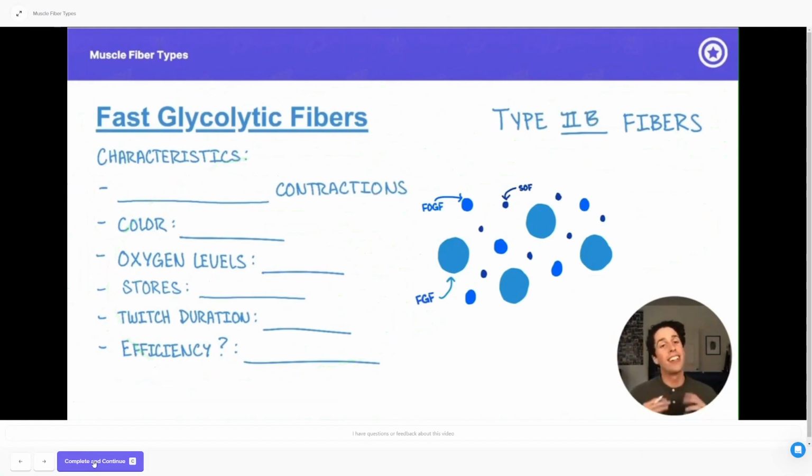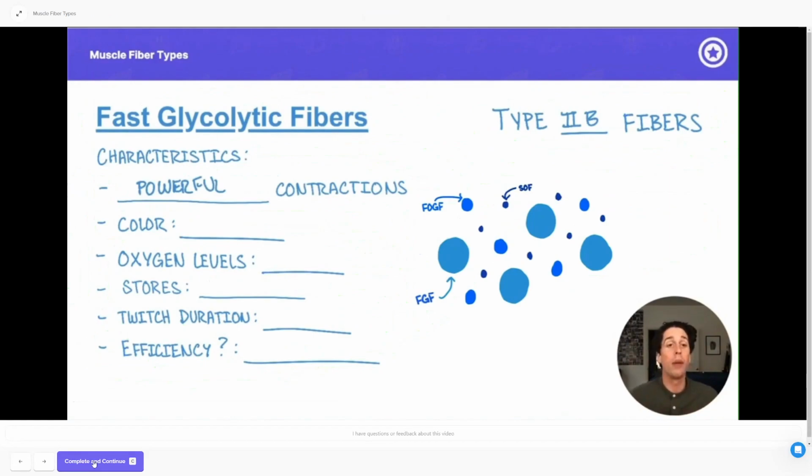Alrighty, so the fast glycolytic fibers, these are going to be really big in diameter, and so these are going to have the most powerful contractions of the three types of fibers. So these are going to be very powerful contractions. And these colors, as we know, the fast oxidative glycolytic and the slow oxidative fibers, those both appeared red in color.